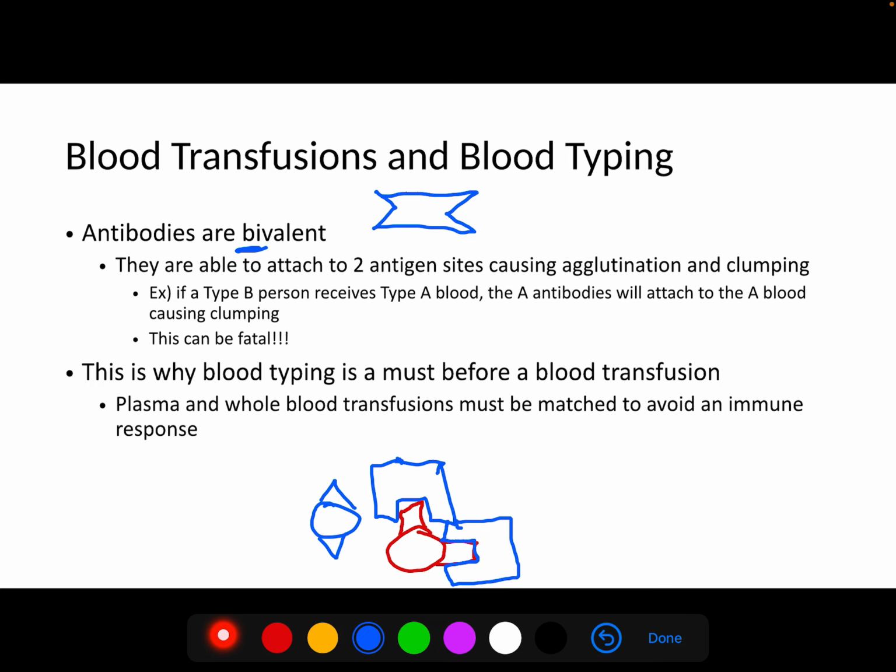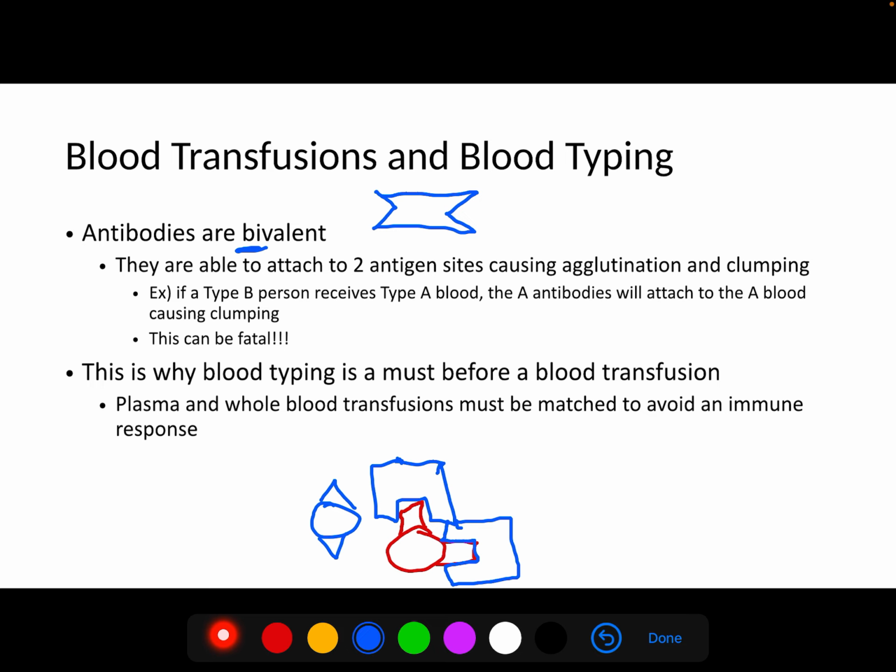This is why blood typing is a must before any type of blood transfusion, because if someone is given the wrong type of blood, it can be a pretty immediate reaction and it can spread very quickly. Our blood is pumping through our body at a pretty fast rate. And this not only has to be done with blood, but it also has to be done with plasma and whole blood transfusions.